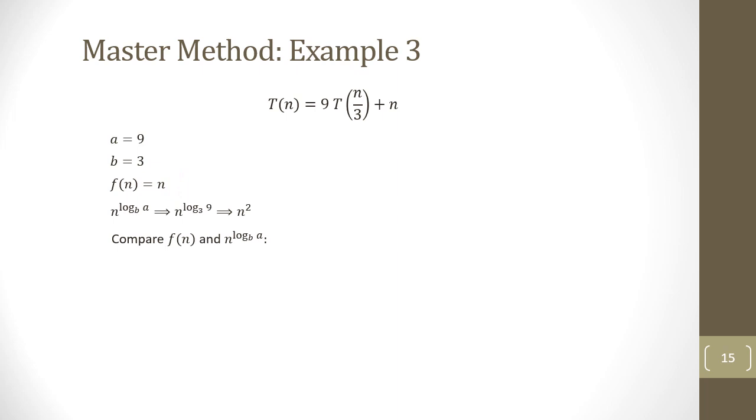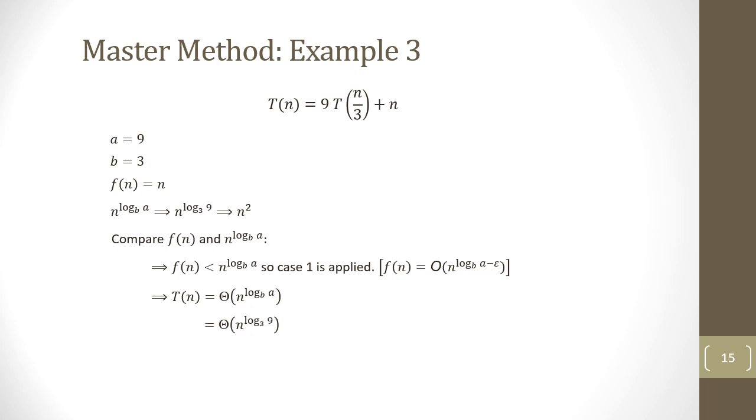So the growth of n to the power of log base b of a is greater than f of n. So case 1 is applied. For case 1, T of n is theta of n to the power of log base b of a, which we have computed to be n square. Hence, for this recurrence equation, the solution is T of n equal to theta of n square.